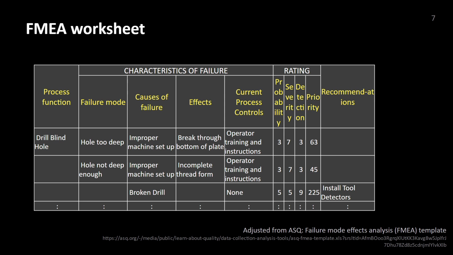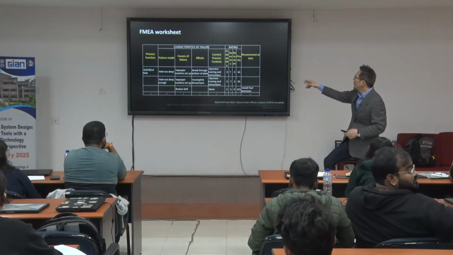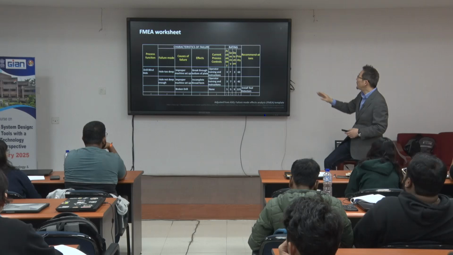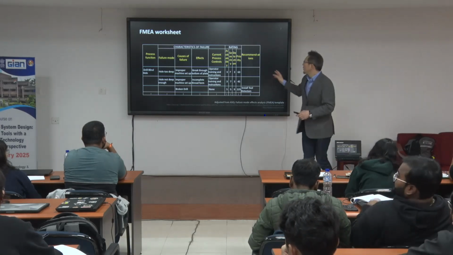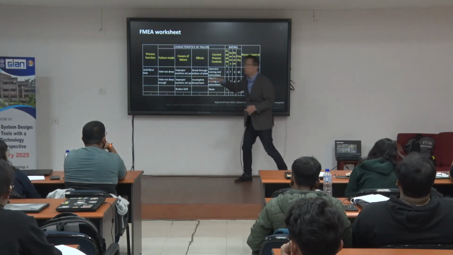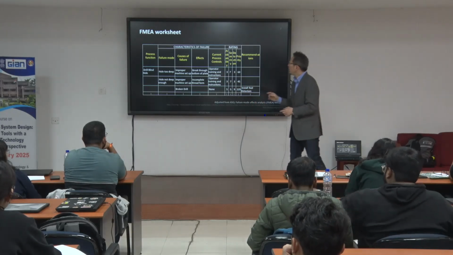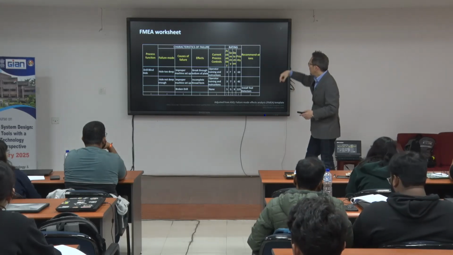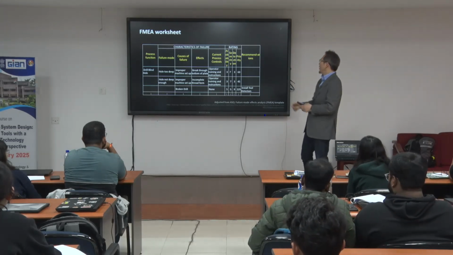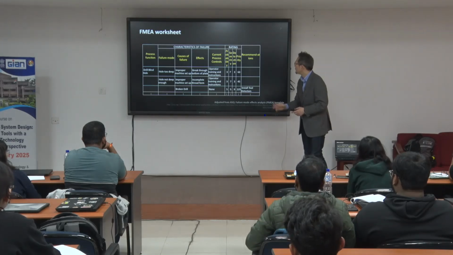And then a failure can happen. For example, hole too deep or hole not deep enough. So typically these are two different failure modes. And for each of the failure modes, there can be different causes. For example, improper machine setup. And then there are effects from a failure, breakthrough bottom of the plate, or incomplete thread form.